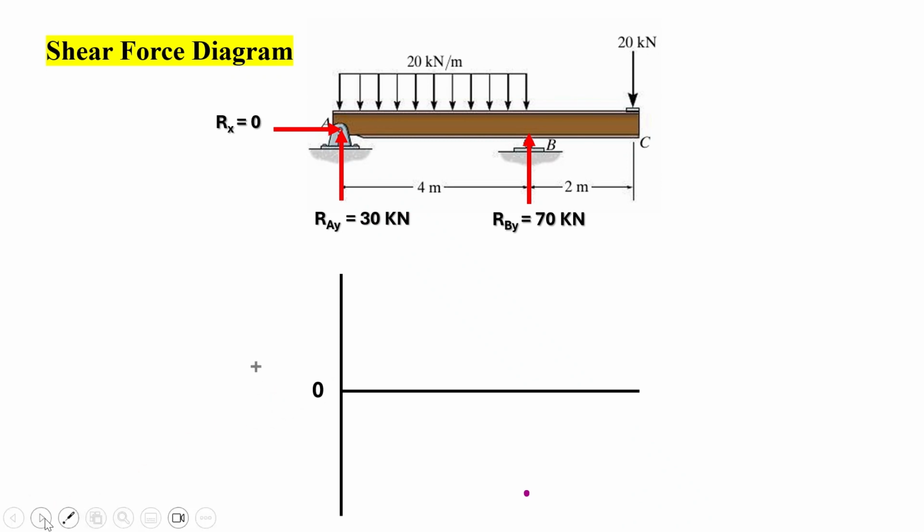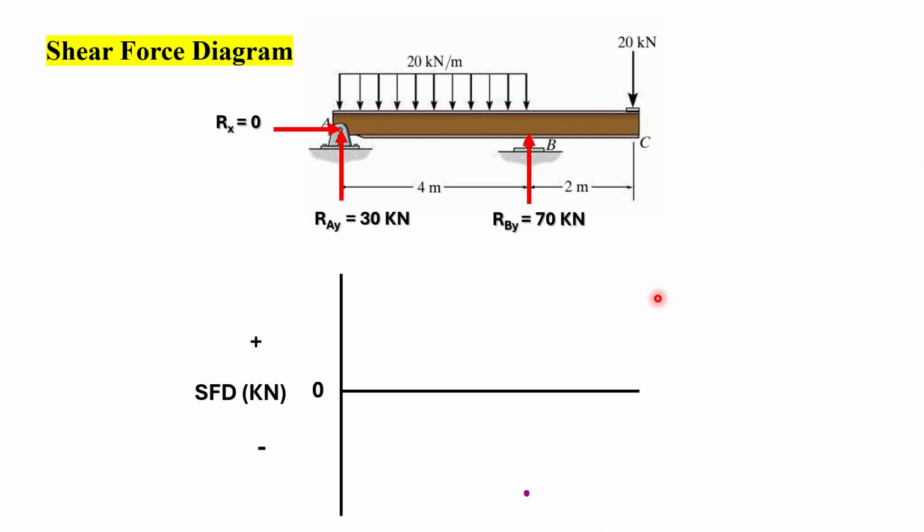All the upward values represent positive, and downward values represent negative shear force, with a specified unit which is kilonewton. In the question it is in kilonewton, so we'll be writing in kilonewton. If in the question it is in pound, we'll be writing in pound. If in the question it is mentioned in kip, we'll be writing here in kip.